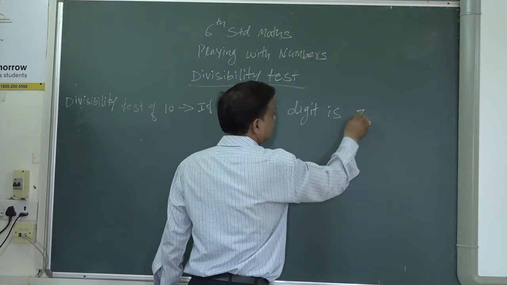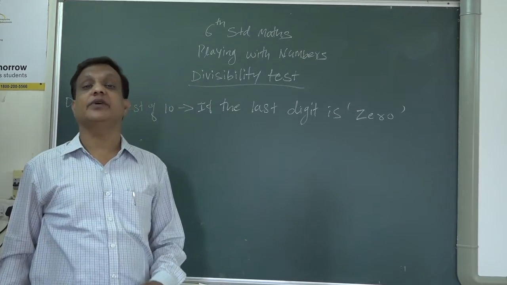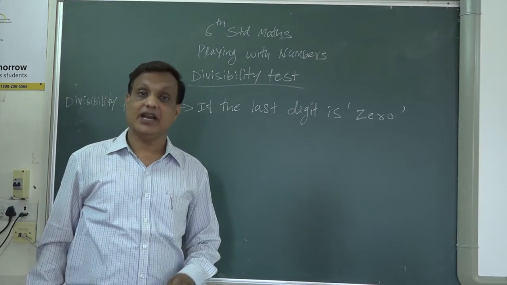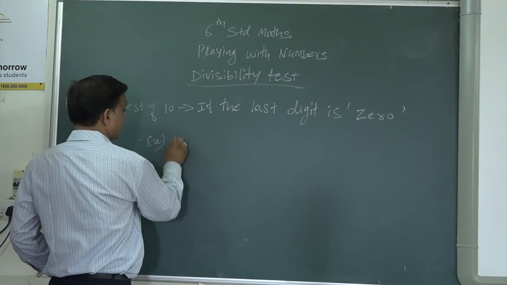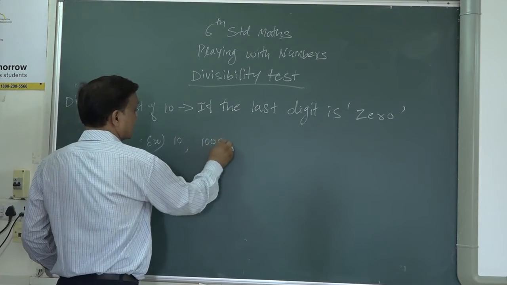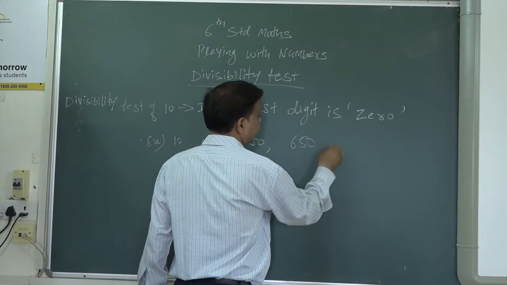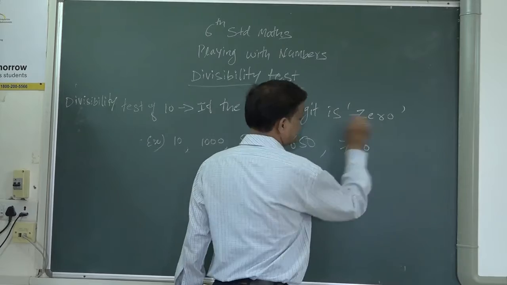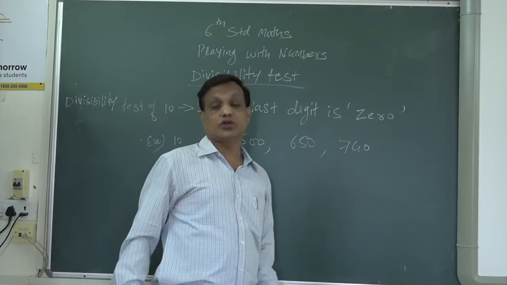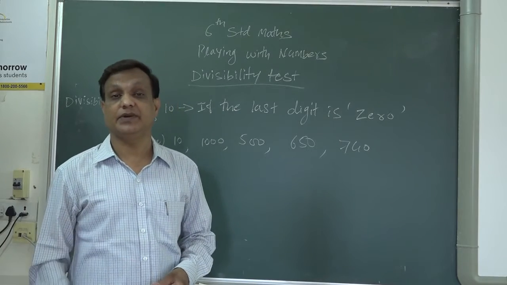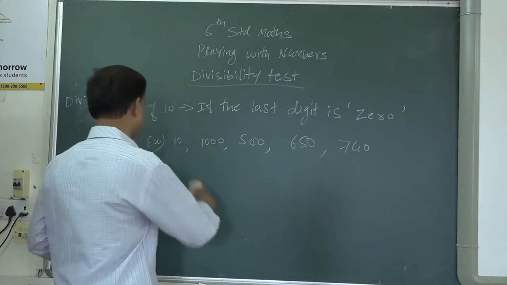If the last digit is 0, then that number is going to be divisible by 10. Example, any number where the last digit is 0, like 10, 1000, 500, 650, 740, etc. If you see, the last digit is what? 0. So this type of numbers are divisible by 10. So this is the divisibility test of 10.